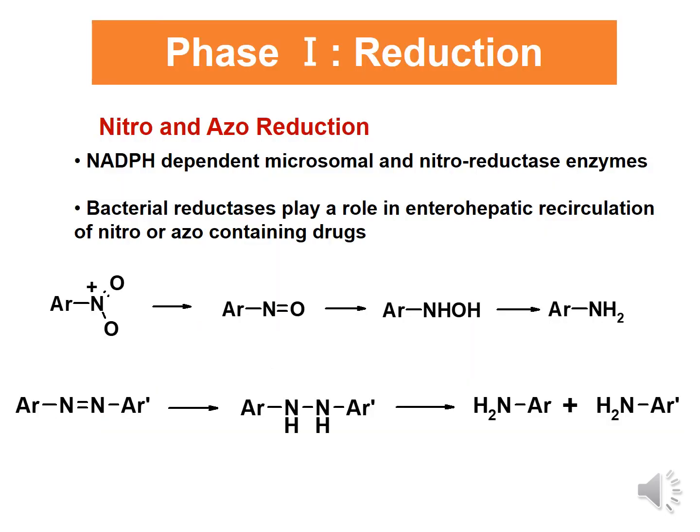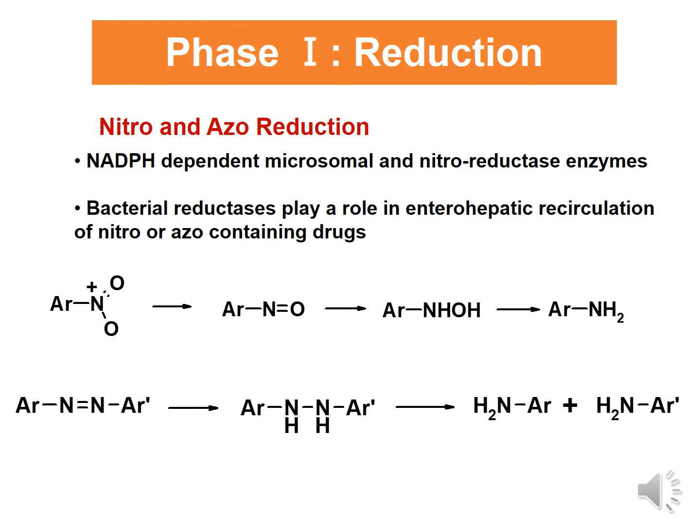The reduction reaction of phase 1 can be divided into two groups: nitro or azo reduction. This reaction requires NADPH-dependent microsomal nitroreductase enzymes. Bacterial reductases play a role in the enterohepatic circulation of nitro or azo containing drugs.